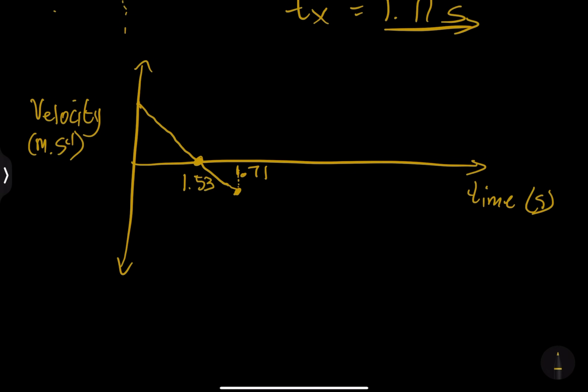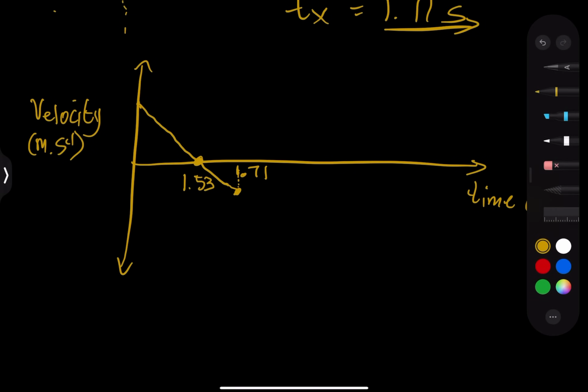Now, I want you to please note, this is for disk C. And then for ball B, remember that we started after 0.5 seconds. So we're not going to start right at 0. We started after 0.5 seconds.